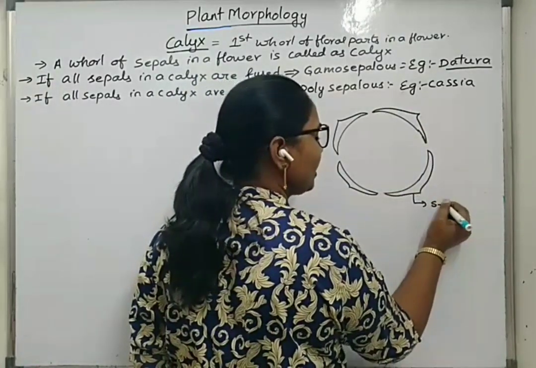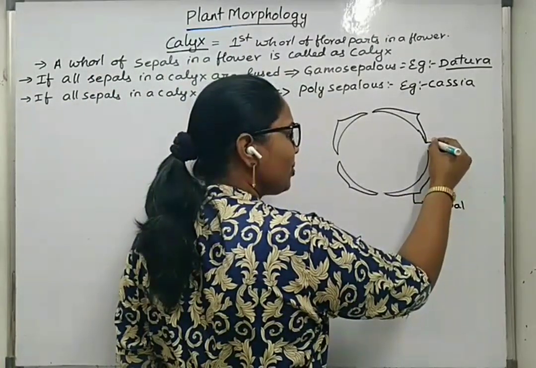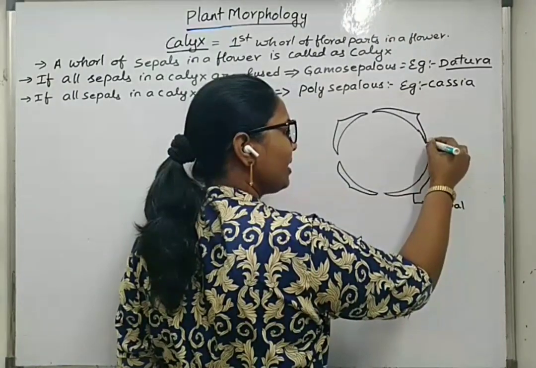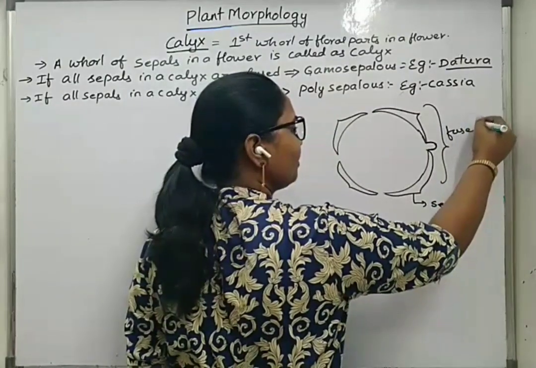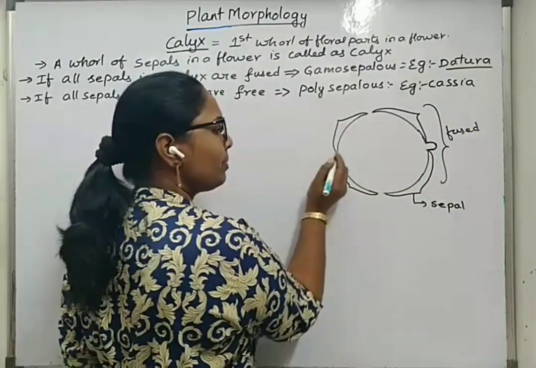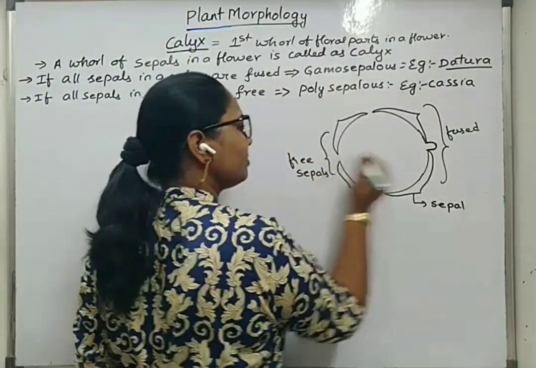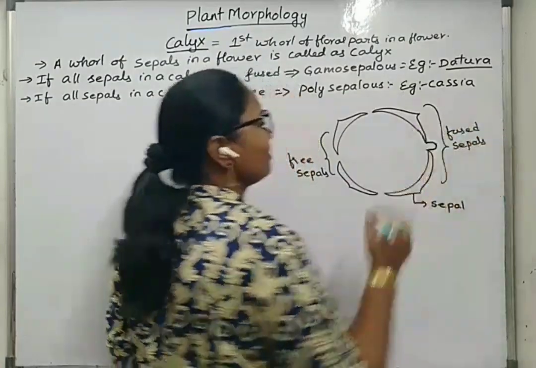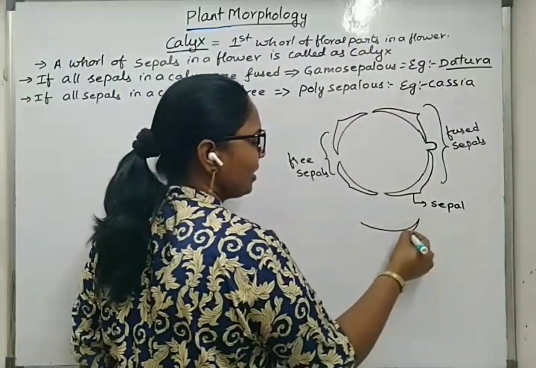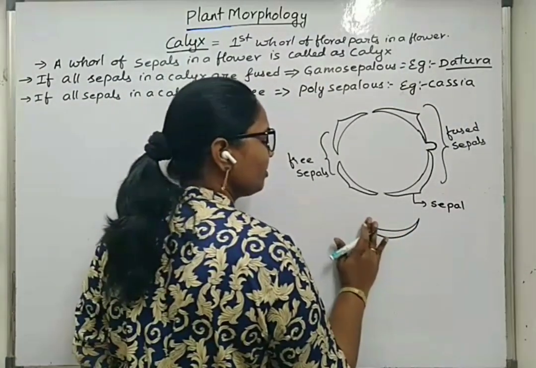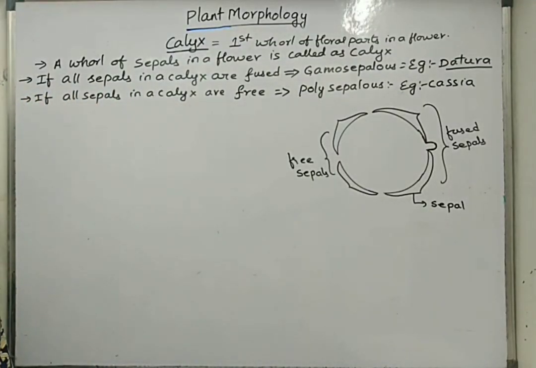So this is the representation of a sepal diagrammatically. If we join these two sepals with some vent-like structure like this, then such sepals are called fused. If there is nothing between two sepals, then such condition is called free sepals. Sepals are represented like this. Petals are represented like this. So, we are differentiating the diagrammatic representation of sepals and petals.